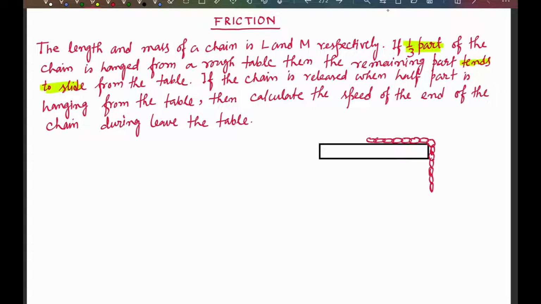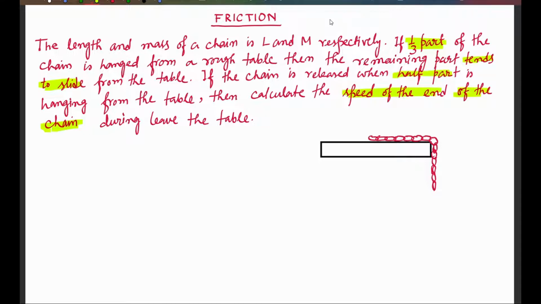If the chain is released when half part is hanging from the table, then we have to calculate the speed of the end of the chain as it leaves the table.